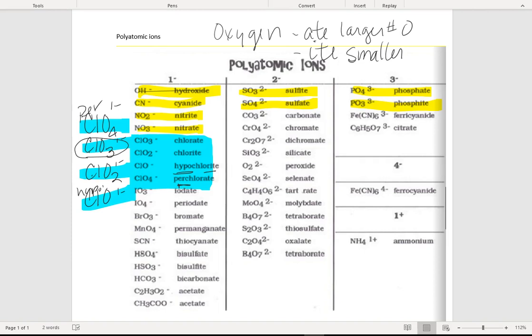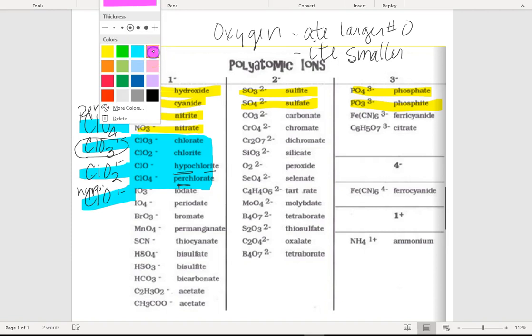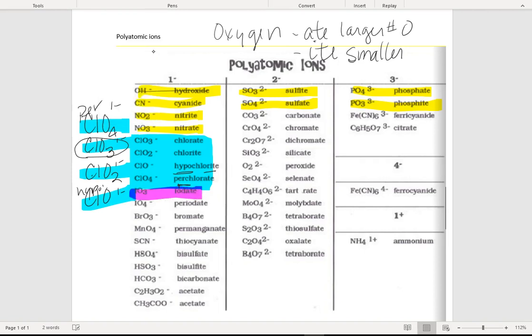Okay? Notice iodite's right under here. Iodate is IO3. Can you guess what iodite would be? Iodate, IO3, chlorate, ClO3. So iodite would be IO2.